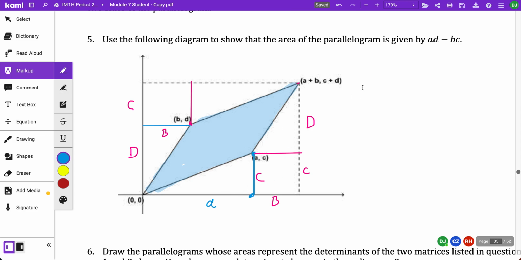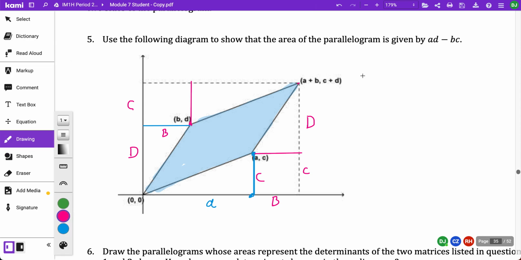So the first thing I'm going to do is, well, I know that I have length times width. Well, this is A plus B. This is C plus D. I'm going to multiply length times width. So if I take A plus B, and I am going to multiply that by C plus D, I can do that with FOIL. First, outer, inner, last.